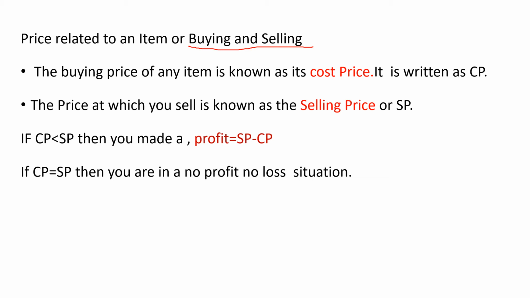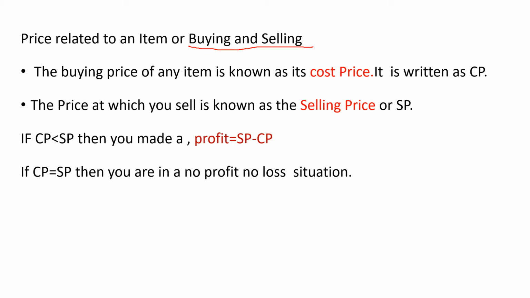So when you buy something, you will be giving money, right? So what is that? That is cost price. Cost price means you're going to a shop, buying something, maybe clothes or a video game. Boys will be buying video games, toys.